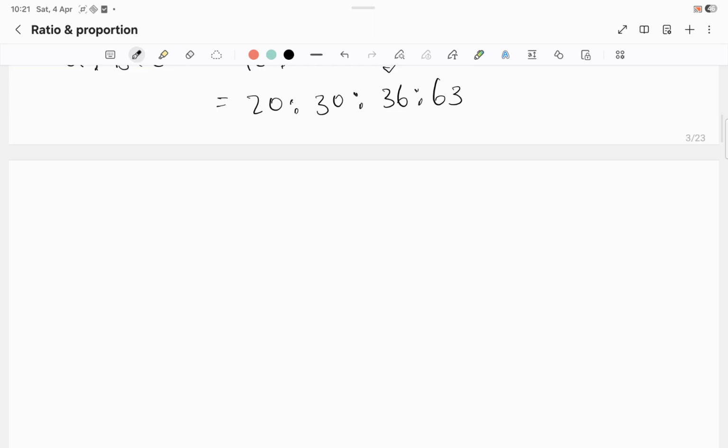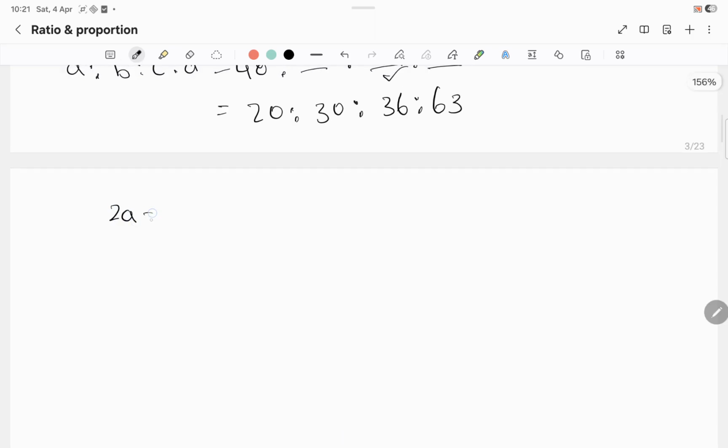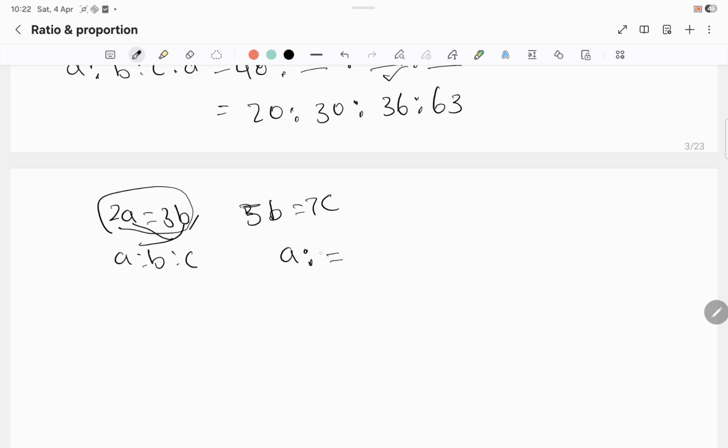Sometimes the questions can be like 2a is equal to 3b, 5b is equal to 7c. Then a is to b is to c is equal to what? First of all, from this, a is to b: bring this b and send that 2. A is to b will become 3 is to 2.